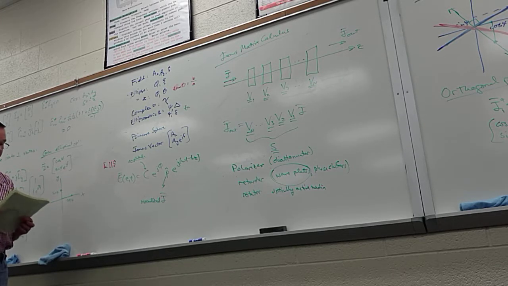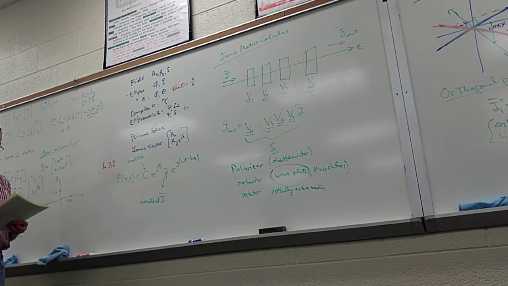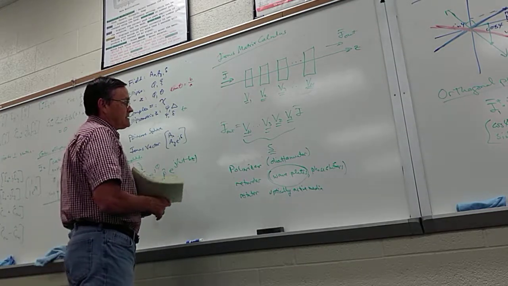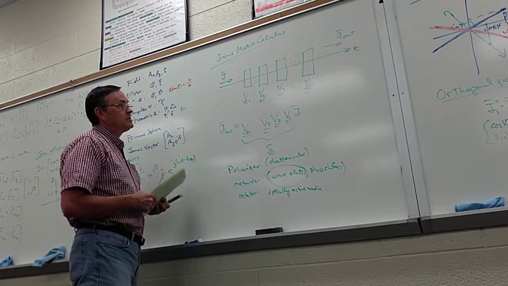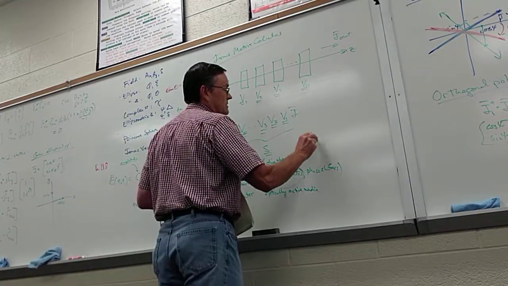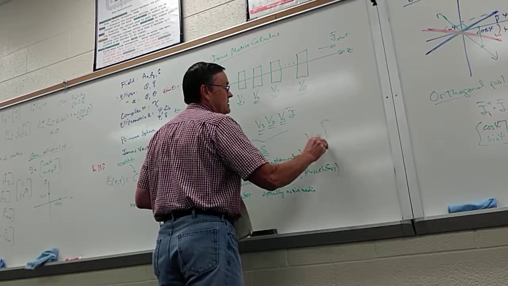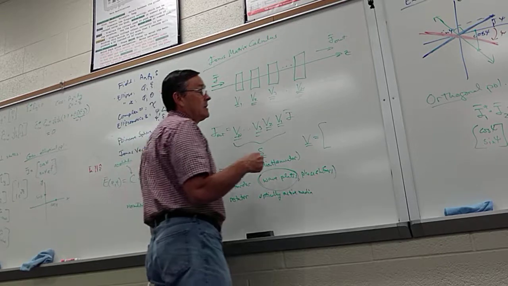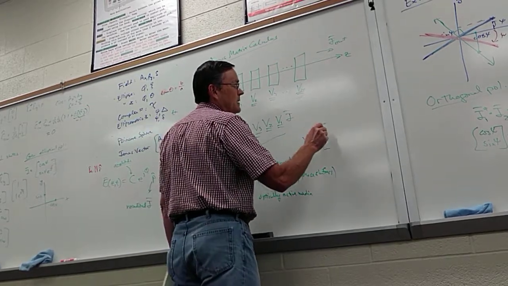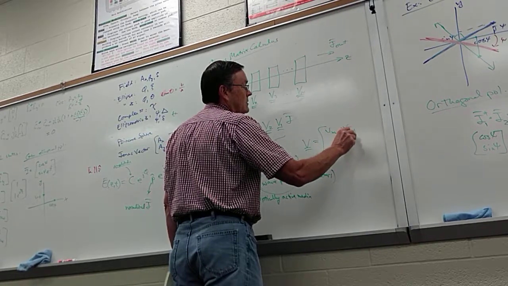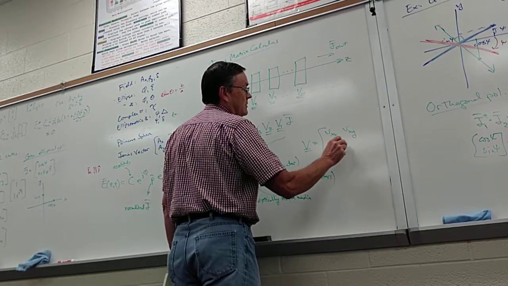Okay. So in each of these cases, what we have to do is figure out what is the Jones matrix that represents the effect of that element on the polarization state. And as I mentioned, it will be a 2x2 matrix. I'm not going to derive it, but basically it will look something like this.